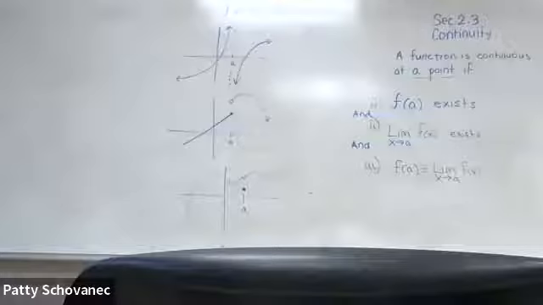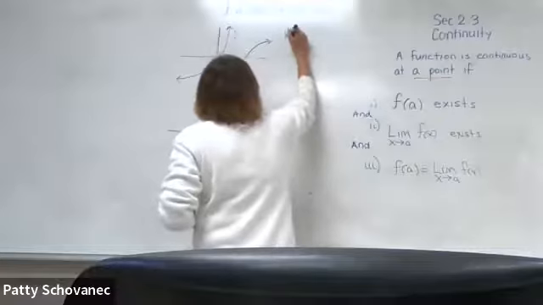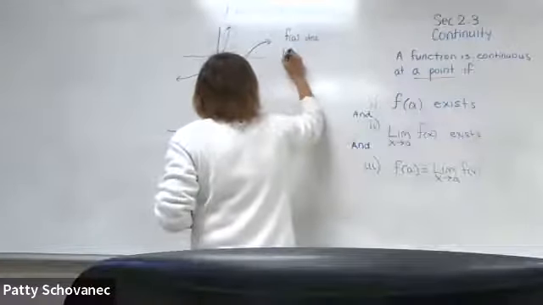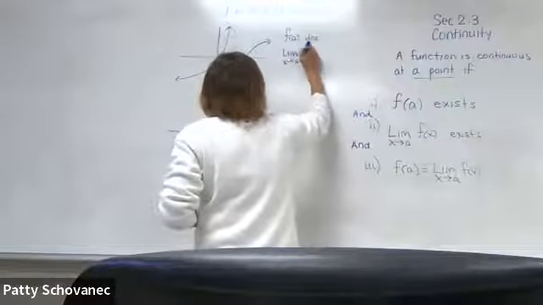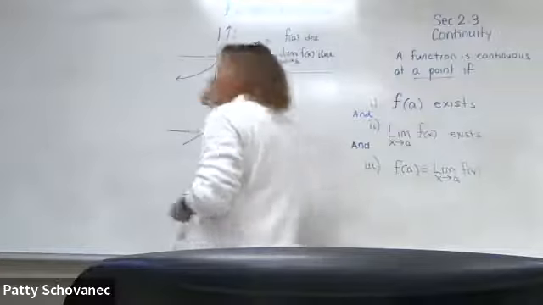The first one and the second one, right? There's not a limit and there's not a function value. So here f of a does not exist, and the limit as x goes to a does not exist. That makes it not continuous there.